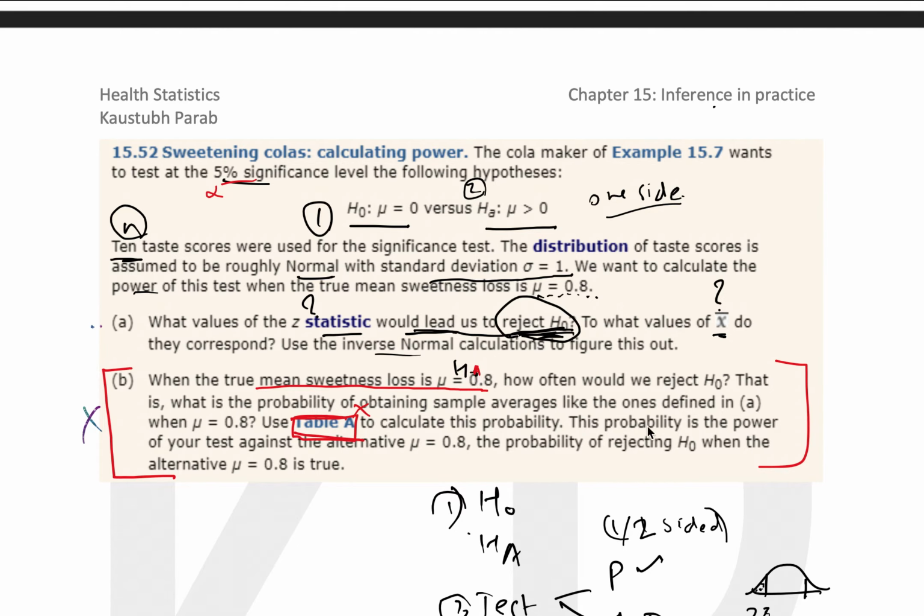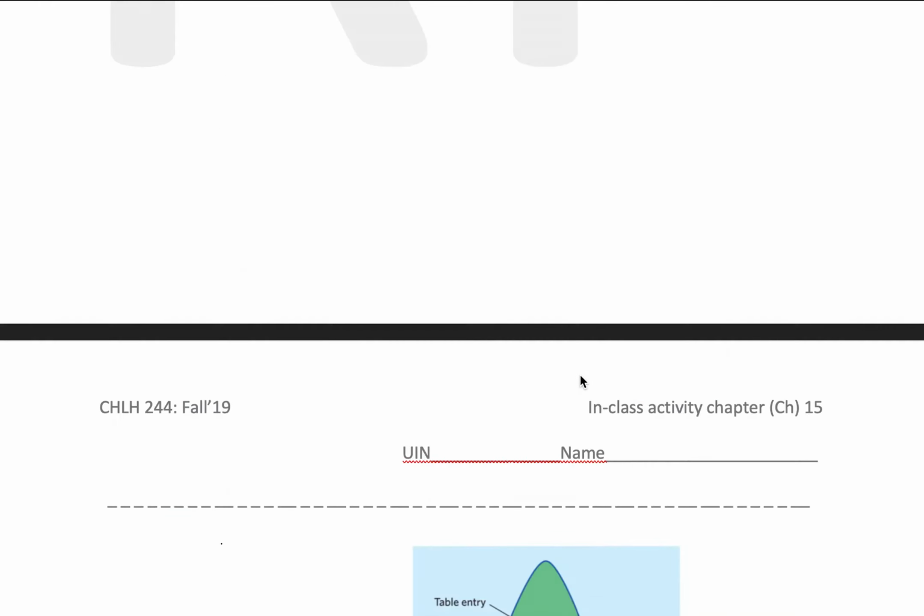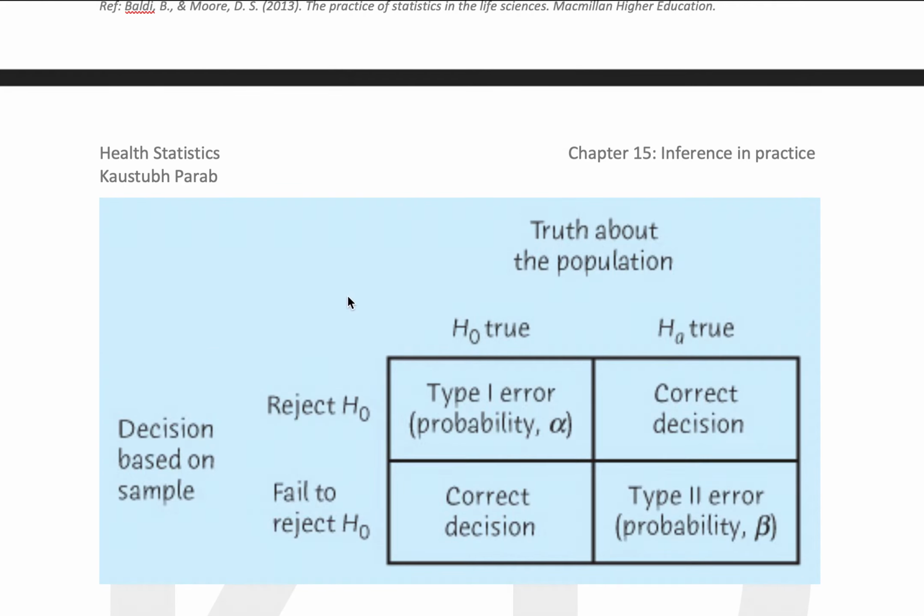So how often do we reject the null? When the true mean is nothing but alternative, that's mu equal to 0.8, how often do we reject the null?